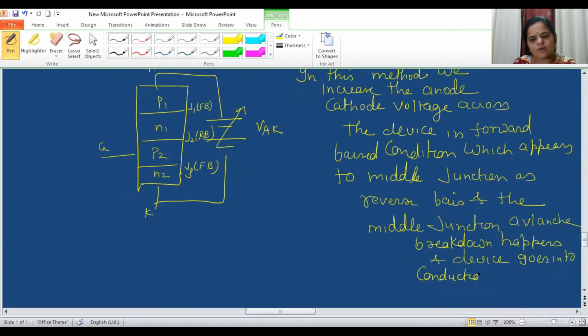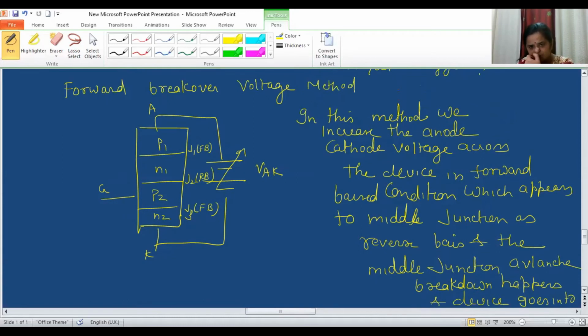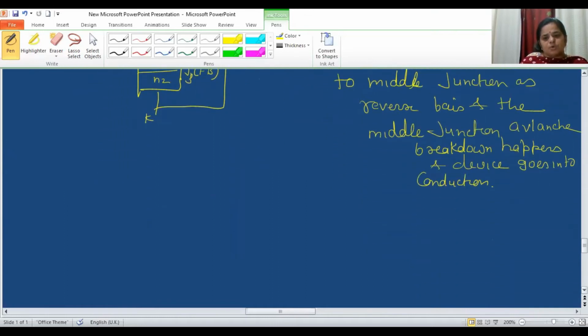This is the forward breakover voltage method. We increase the anode cathode voltage in forward bias up to the forward breakover voltage, and that voltage appears across the reverse junction as a reverse bias, so avalanche breakdown happens and it goes into conduction mode.